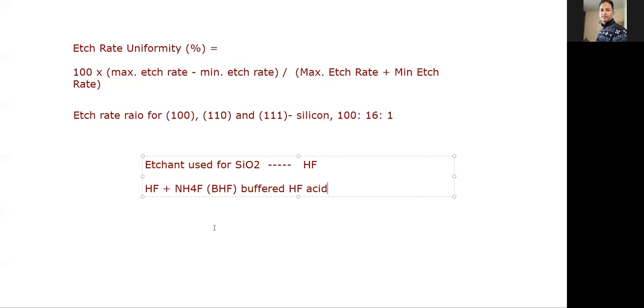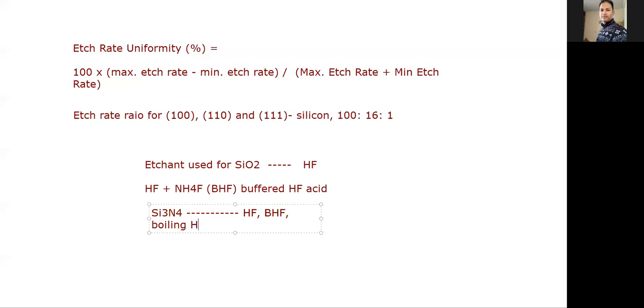Similarly, if we look into other layers, how do we remove a silicon nitride layer? For this, again, you may use concentrated HF or sometimes buffered HF, and sometimes boiling phosphoric acid.